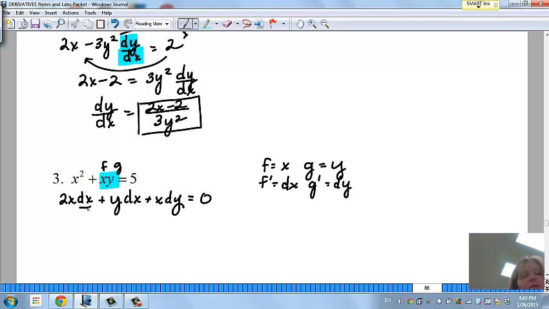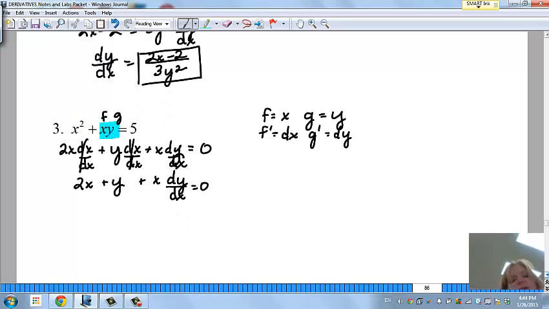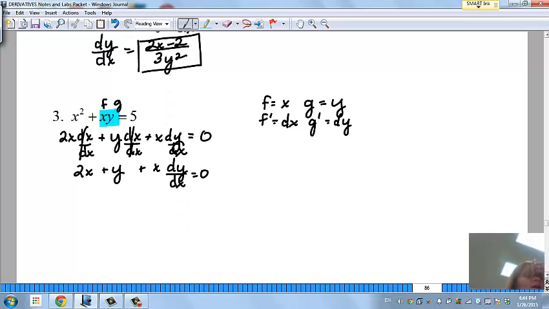Okay, now go through and divide everything by dx. So I can say thanks for playing. So I have 2x plus y plus x dy/dx equals 0. Alright, now I've got to solve for dy/dx.